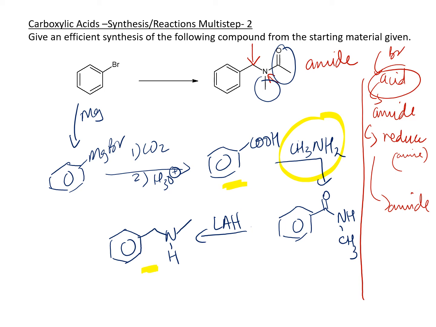So now I'm actually going a little bit different. So now what do I need to add? I need to add CH3COCl, an acyl chloride, in order to form that amide. So this hydrogen is going to go away, and that is how I'm going to get my amide on there. So that's the nitrogen. The hydrogen is gone.